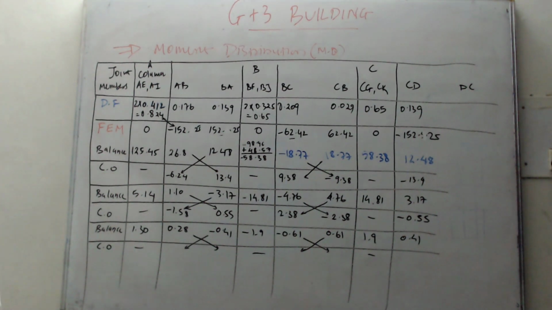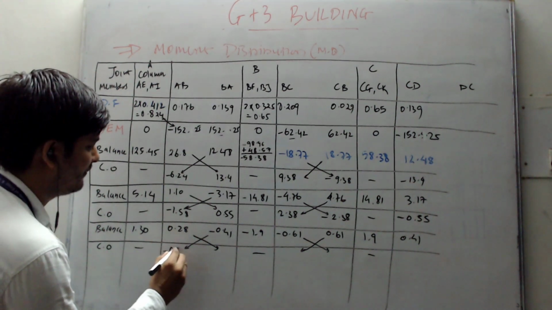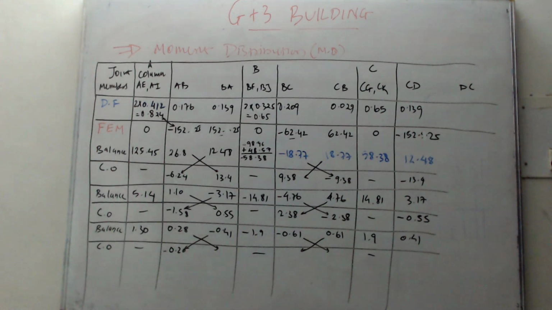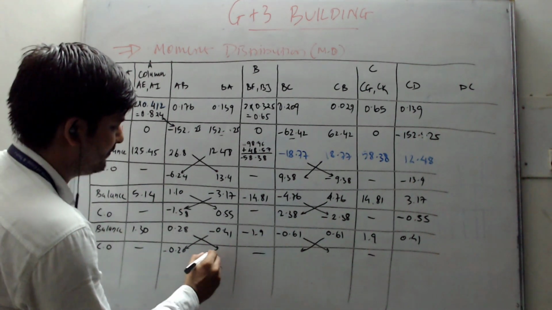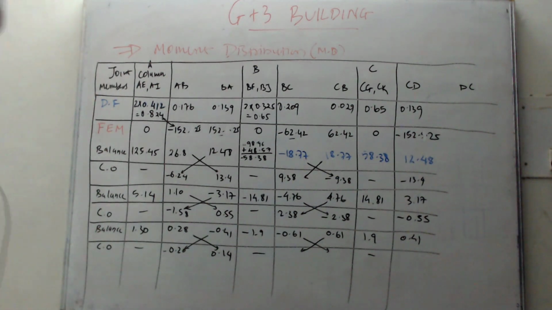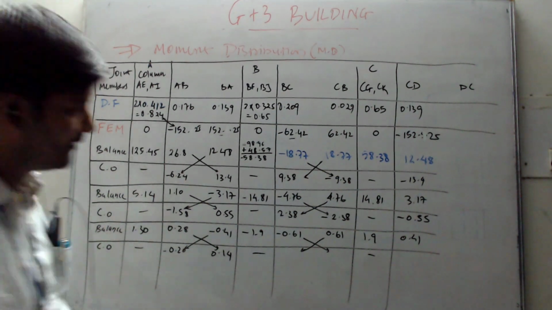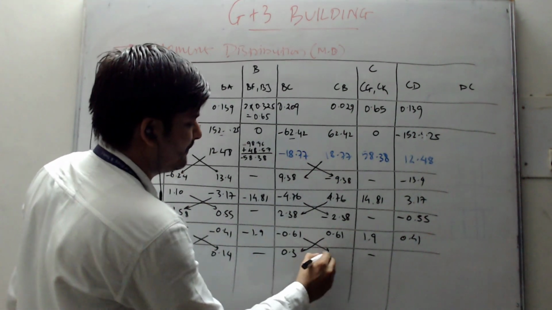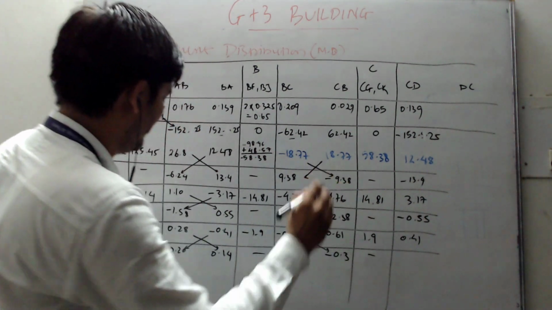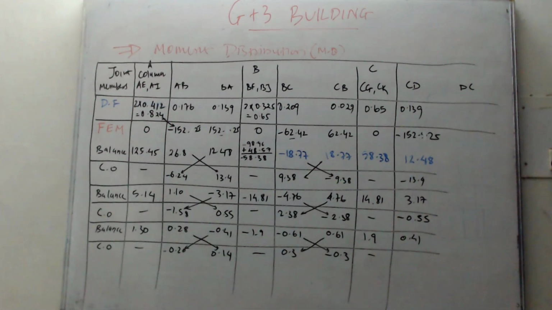That is also a point where you can stop. So now this will be minus 0.20, minus 0.14, so 0.14, then 0.3, minus 0.3, and in the last I have minus 0.14.